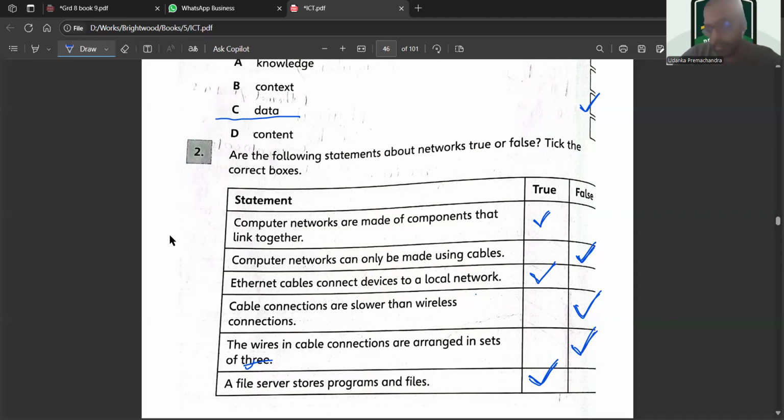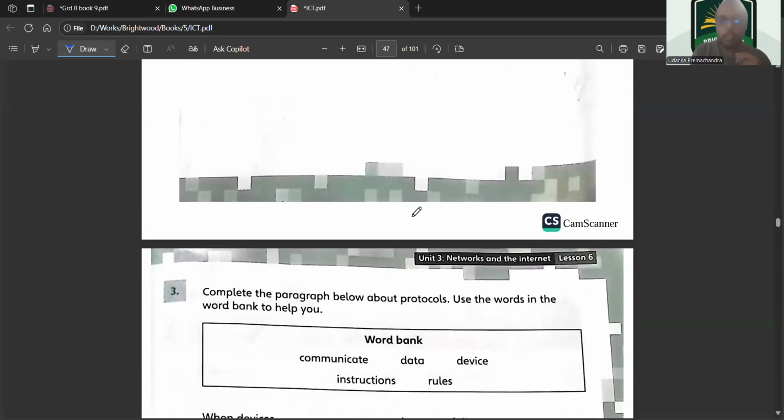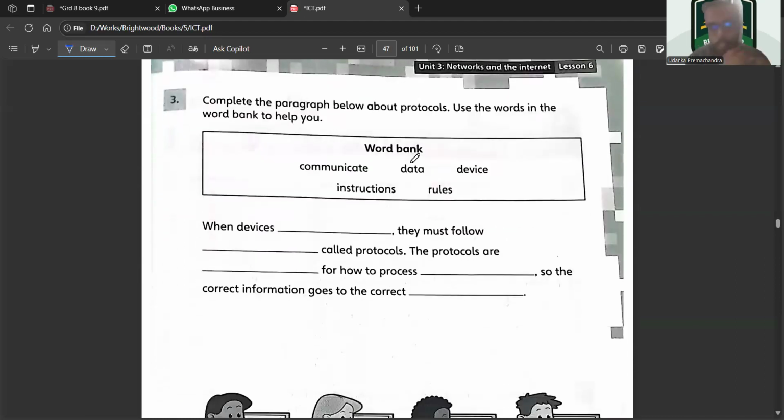Okay, next one. Actually, when we do communication, there should be a set of protocols. Protocols actually means rules.